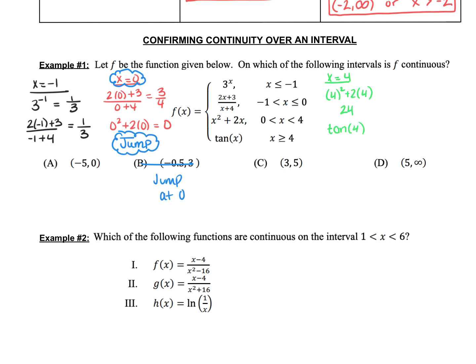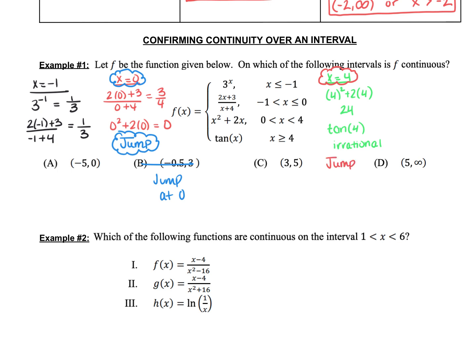Now, without a calculator, you really should know that tangent of 4 is not going to be 24. It's going to be some irrational number. So we know that number is never going to be equal to an even 24. So we can say that there's also a jump at x equals 4, because whatever tangent of 4 is, it's not going to be 24. So here we also have a jump.